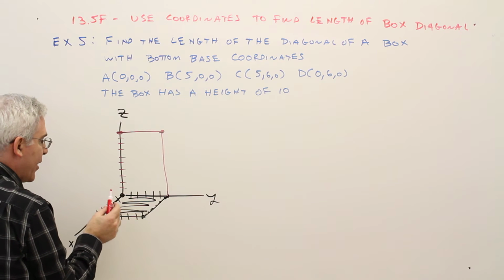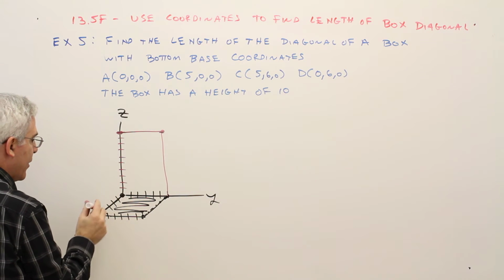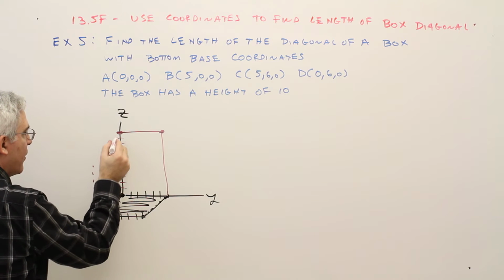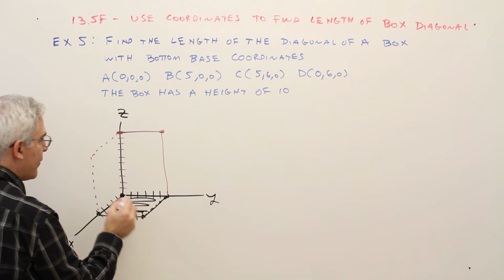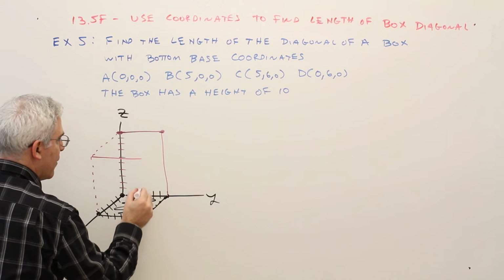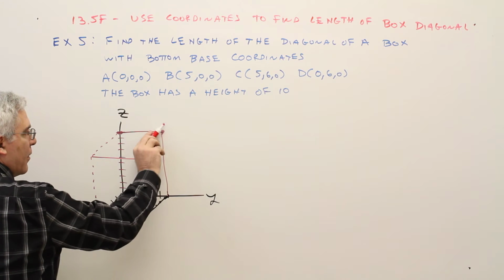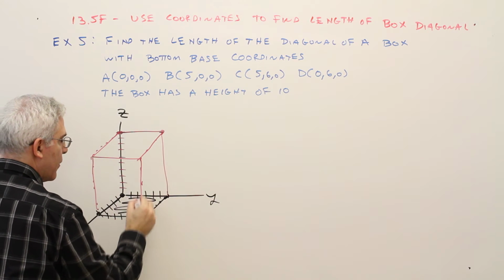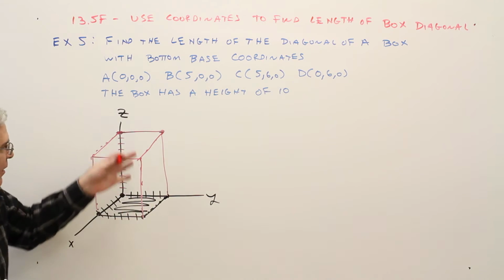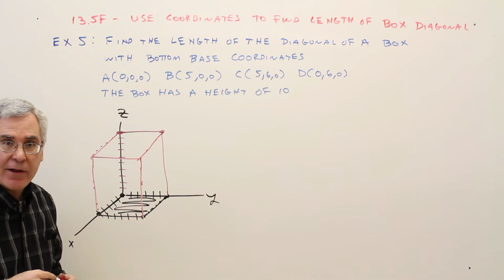So again, it should be parallel, so I could just make it so this is parallel to this. This is parallel to this. So there you have it. That's just how to draw the box.